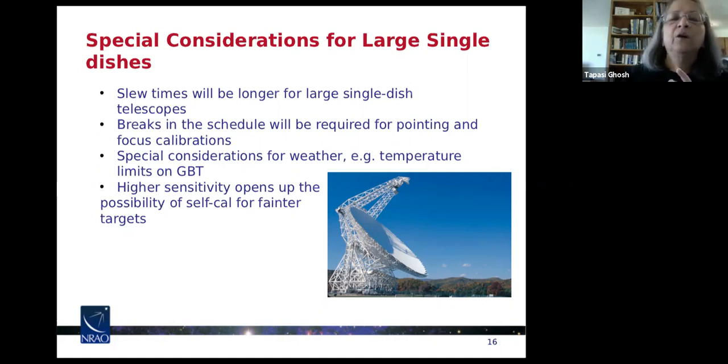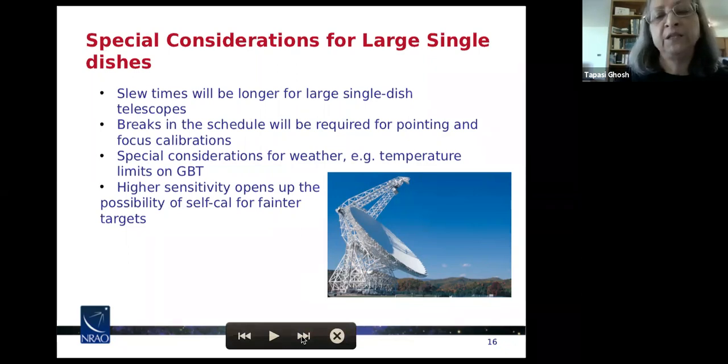It can give you wonderful performance at 3 millimeter, but you have to allow about half an hour every hour and a half to 2 hours, depending on which frequency you're working at, for the surface adjustment, and a pointing check every hour takes about 6 minutes. So these are the things one has to remember when using GBT or any big telescope.